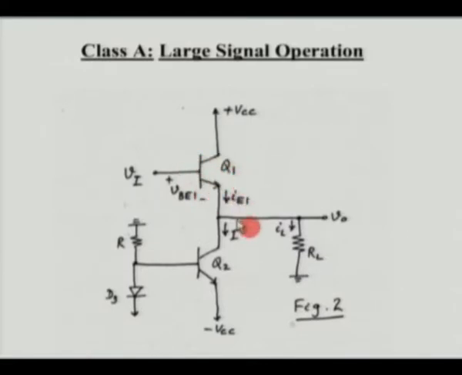Now Q1, the output voltage here can rise as high as VCC minus VC sat. So that is the upper limit here. Now coming to the lower limit, the extreme is minus VCC plus VC sat. So that is the extreme limit.